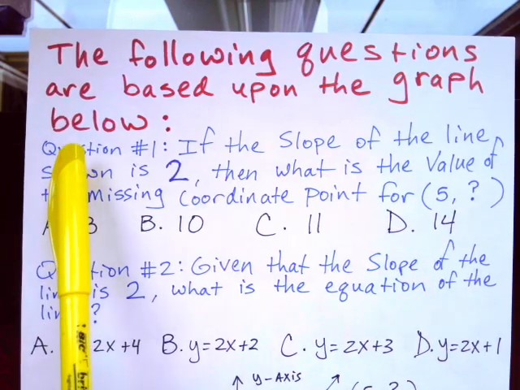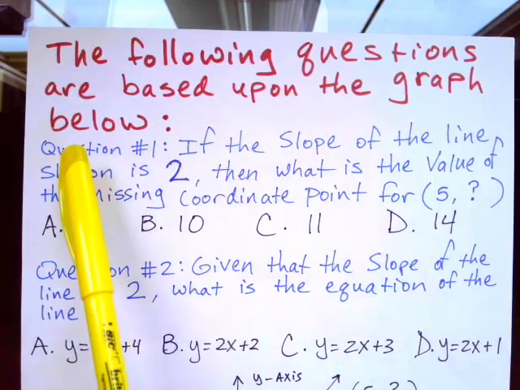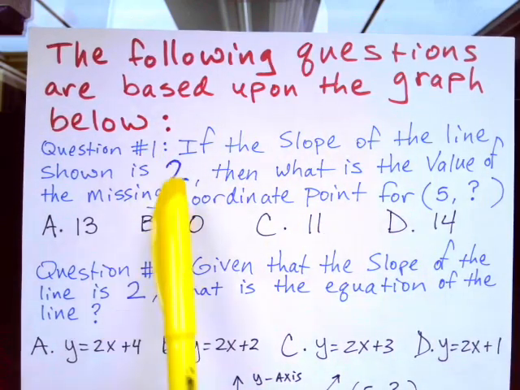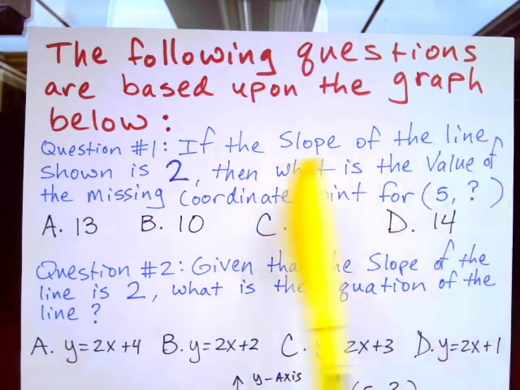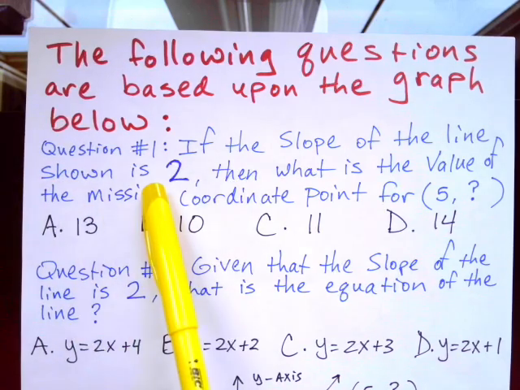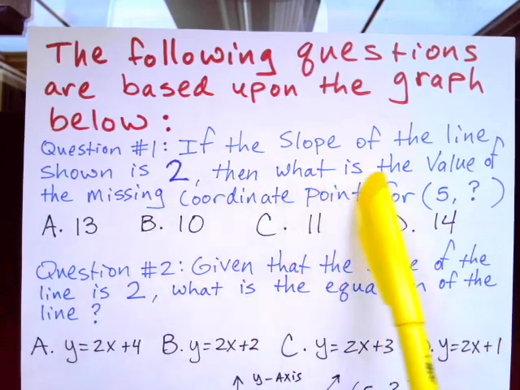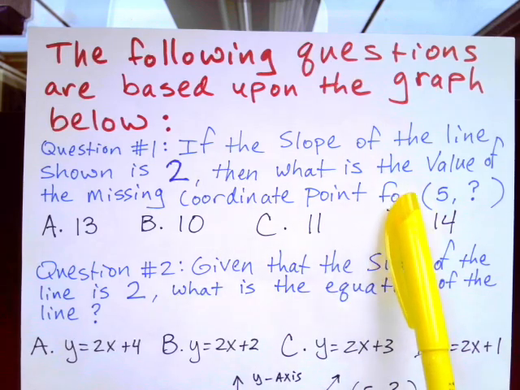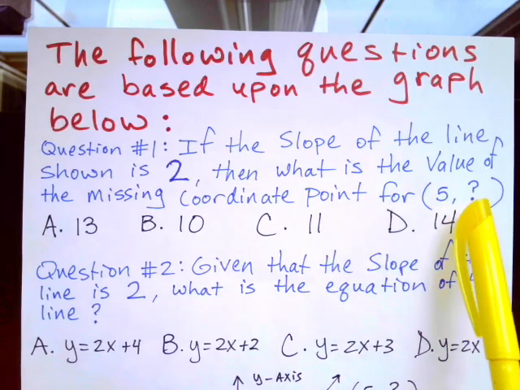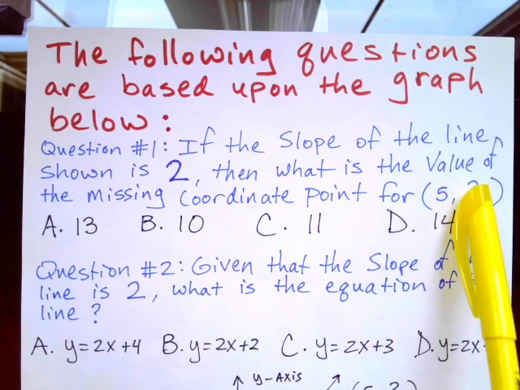So question one, first of all, the following questions are based upon the graph below. I'll show you that graph after I read these two questions. Question one: if the slope of a line, remember that's m, is 2, m equals 2, then what is the value of the missing coordinate point for the ordered pair (5, ?)? You need to know this 5 represents the x, and the question mark that we don't know represents the y.